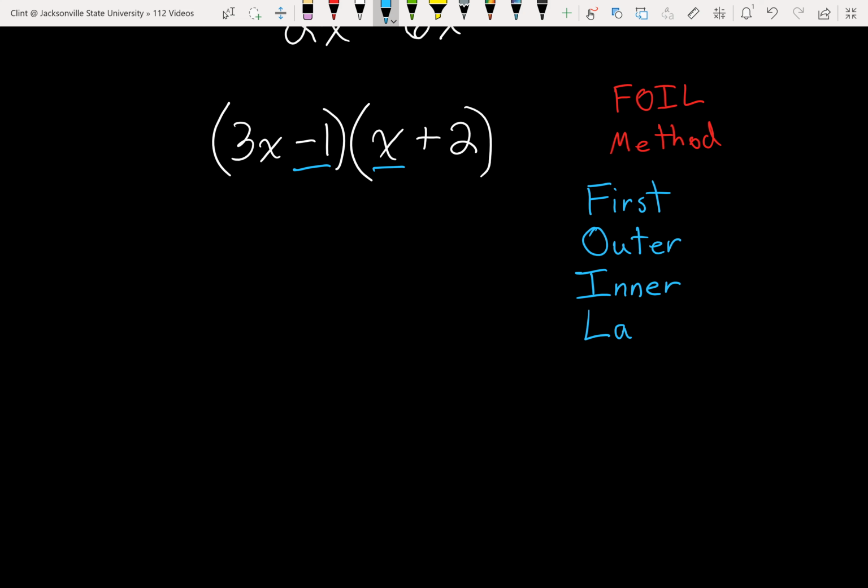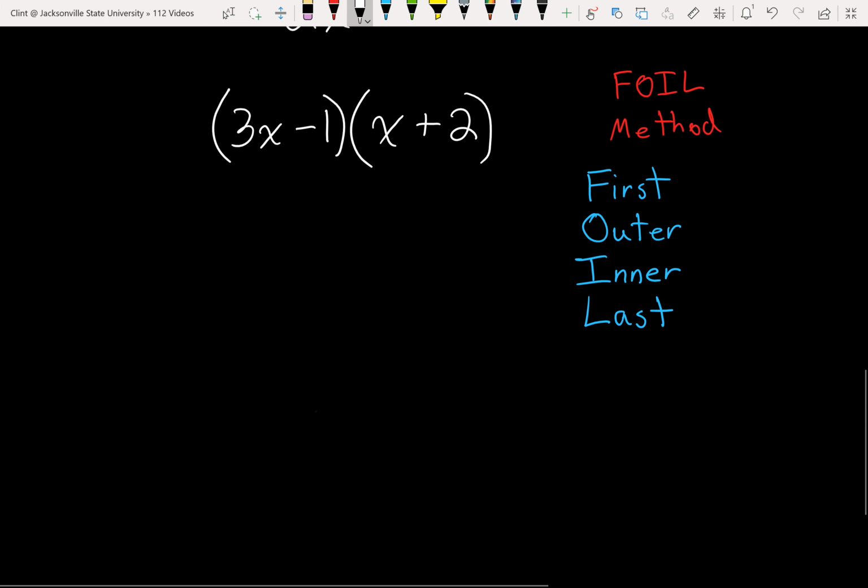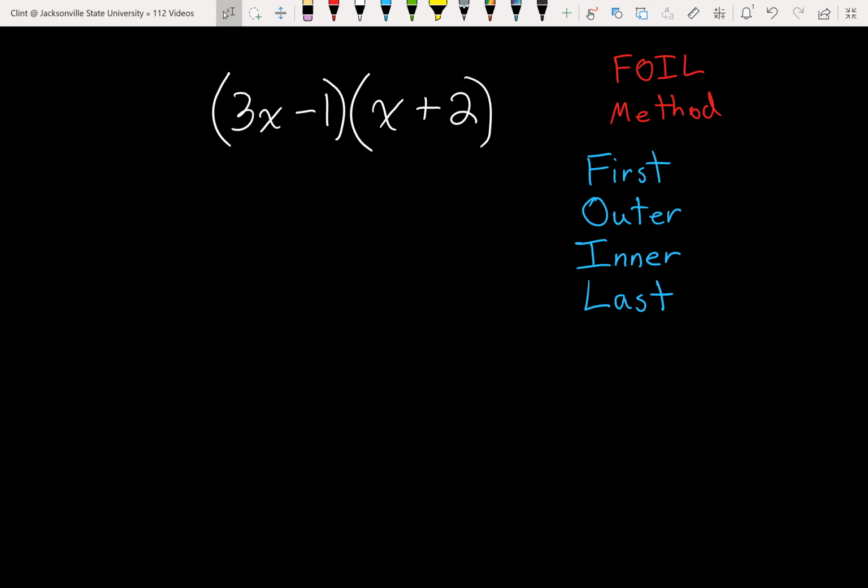And then we're going to do the last terms together, these two. It doesn't really matter that you do them in that order. What matters is that you do all four of those. In a case like this, you do all the multiplications. So we will do them in first, outer, inner, last order, though, just to help us follow along. Okay, so let's do that.